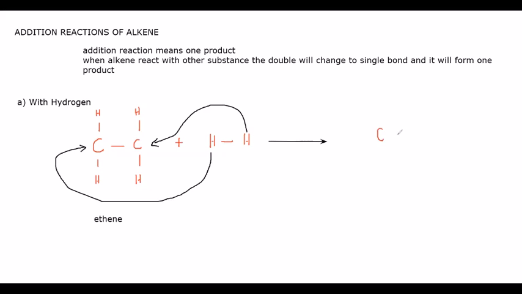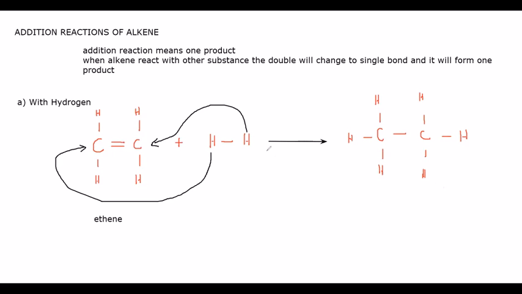You have C, this was the original ethene. There was a double bond between the two carbon atoms. So the double bond will break and the two hydrogens form a bond with each carbon.